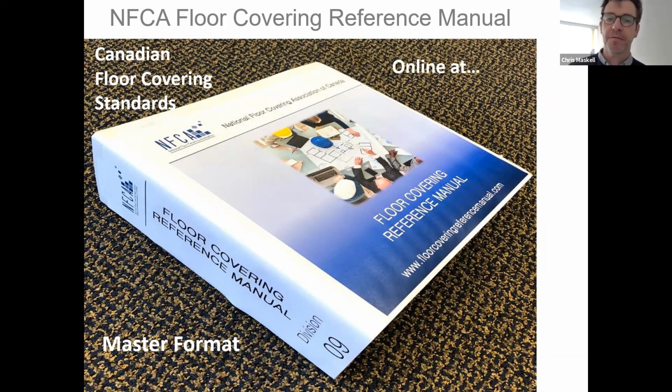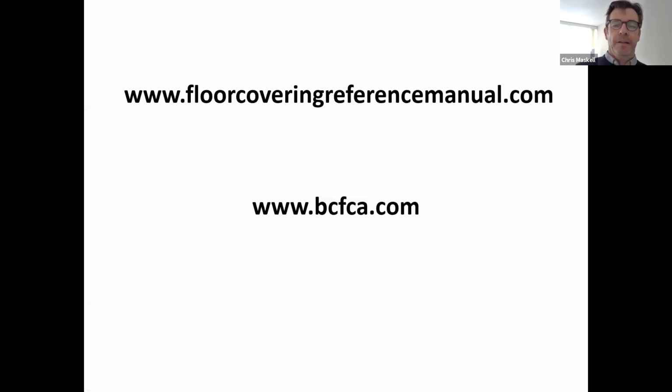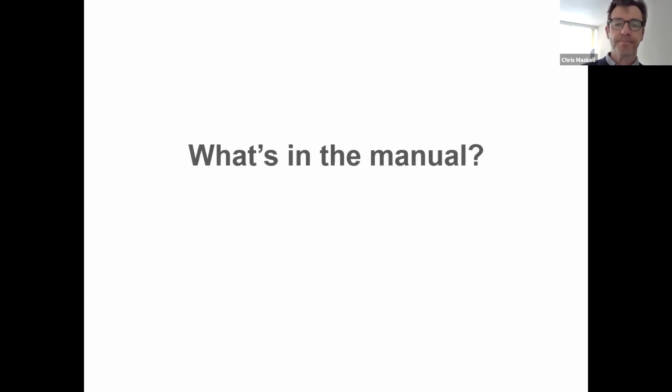Now, pretty exciting, about 4 or 5 years ago, we actually took this hard copy and put it online. So now the world can see it if they so choose. The website address for the manual is floorcoveringreferencemanual.com. If you're a BC Floor Covering Association member, you get access to that manual included in your membership, and you can access it through the Floor Covering Association's website.